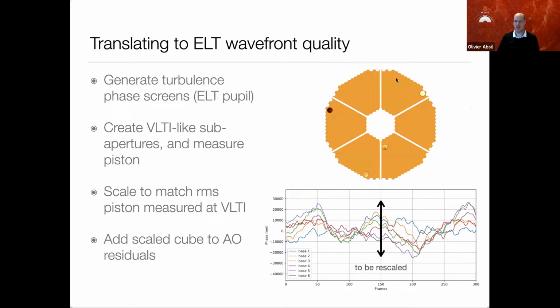So we can generate a sequence of phase screens on the ELT pupil and then just define these 4 apertures and make sure that the variability of the wavefront on these apertures matches what we observe with GRAVITY or METIS. And this is what we have done. We have generated these sequences and plotted the pistons between the 4 apertures. There are 6 baselines, and we made sure that the variability of these pistons matches what we have actually observed with GRAVITY and METIS.